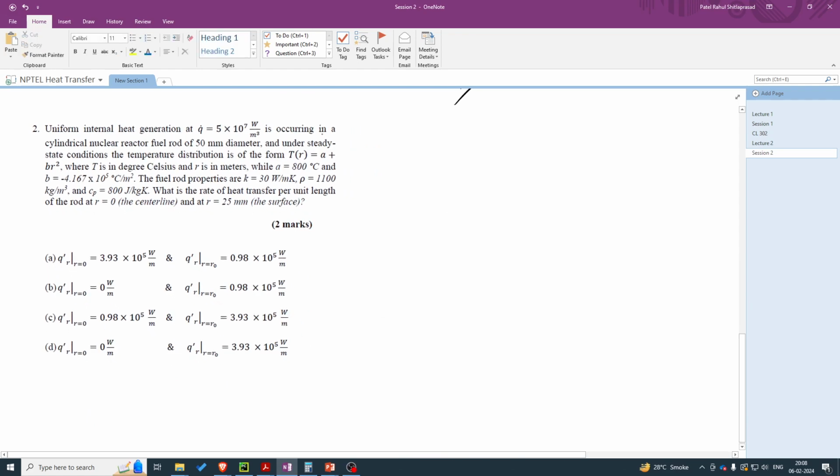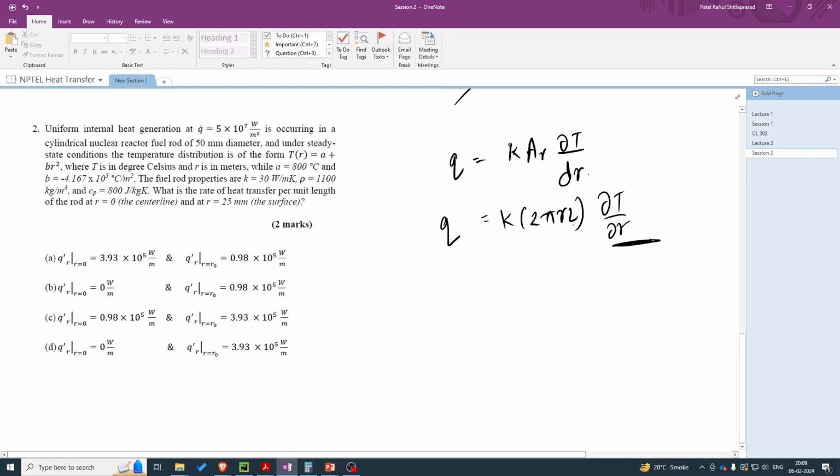So the heat rate for this radial system, as we mentioned, was K A R del T upon del R. The area is 2 pi R L, so Q is K into 2 pi R L into del T by del R. So this term we have to find.